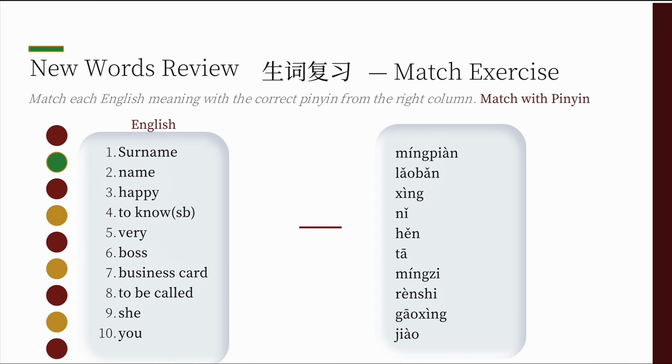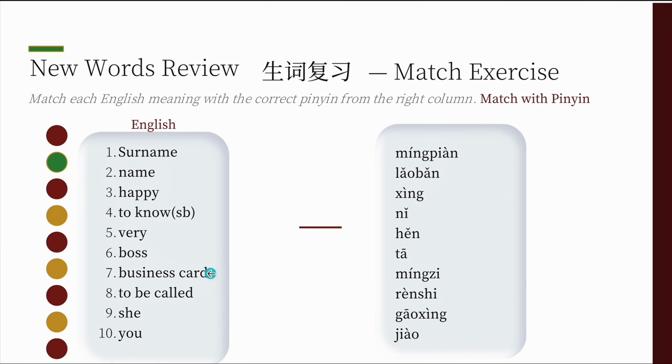Let's do our new words review match exercise. So you have about 3 minutes to use and complete this. Okay, let's match it. So what is surname? How do you say surname? Surname is 姓. 我姓. Name, 名字. Happy, 高兴. To know somebody, 认识. Boss, this is from our first lesson, 老板.